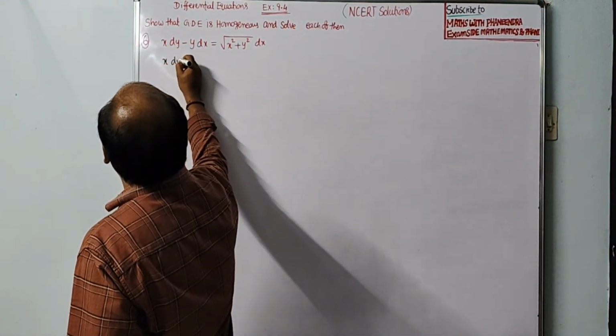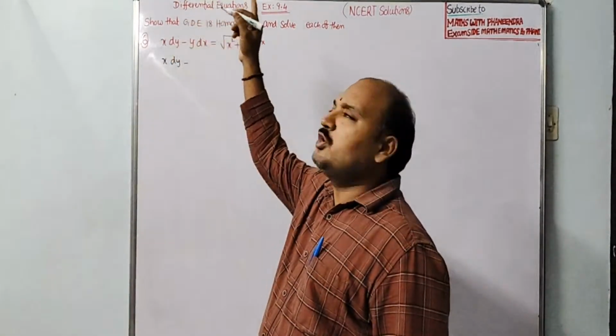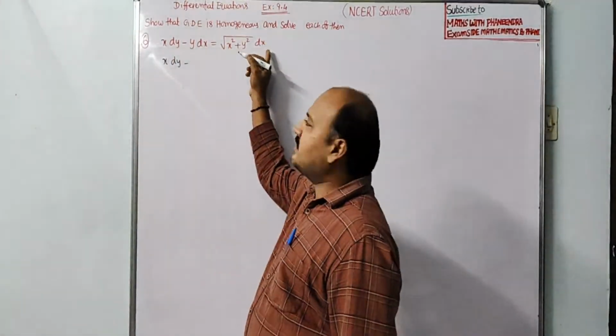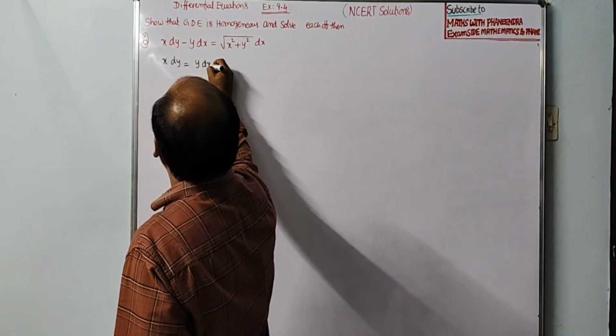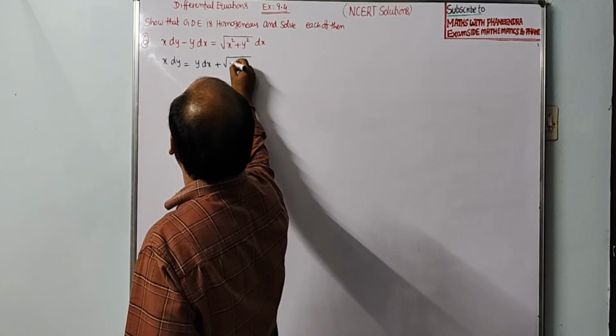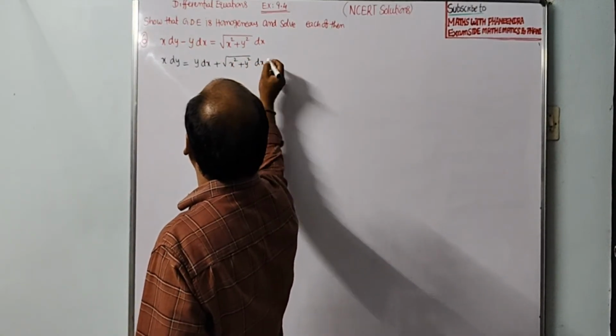x dy minus y dx, we are bringing this to y because the dx term is there. So x dy is equal to y plus the square root of x square plus y square, into dx.